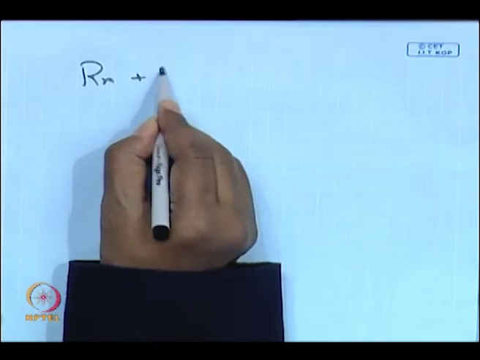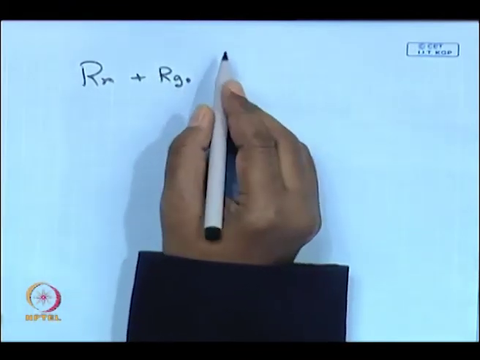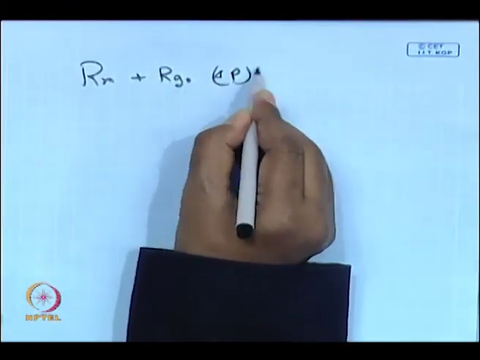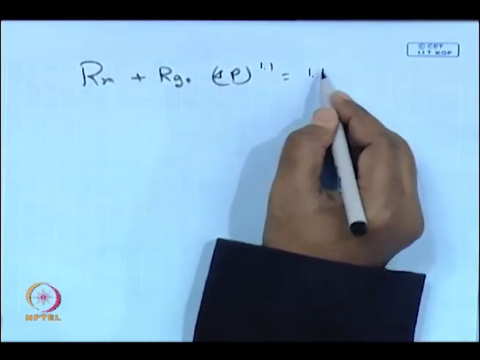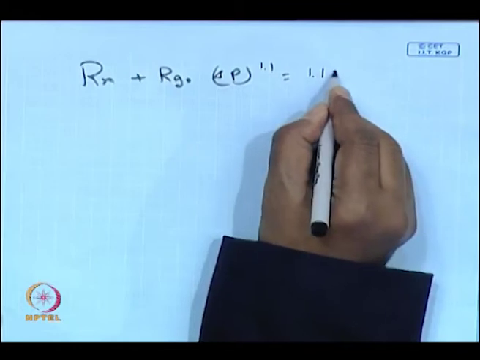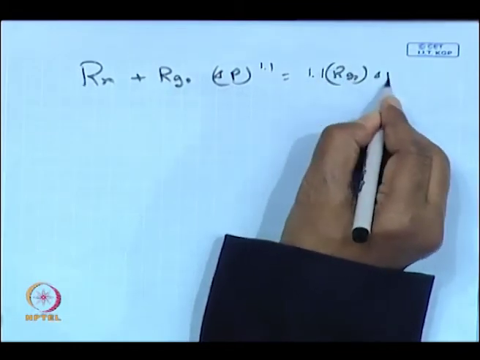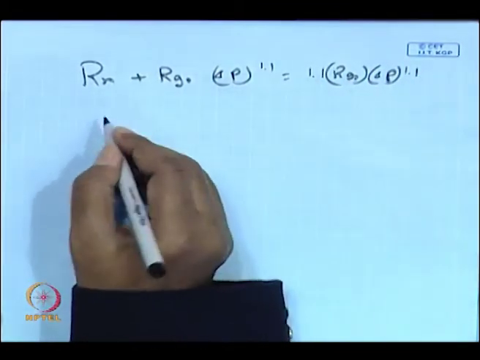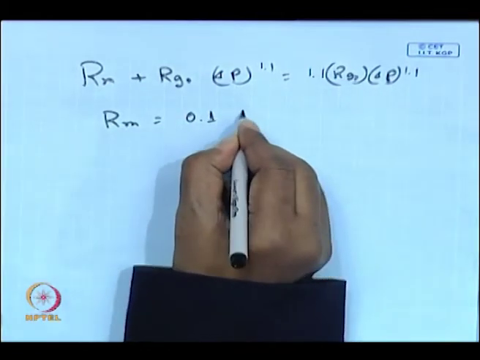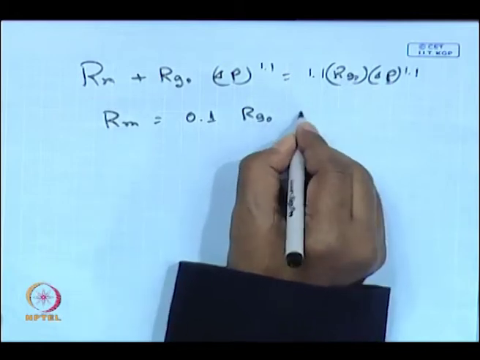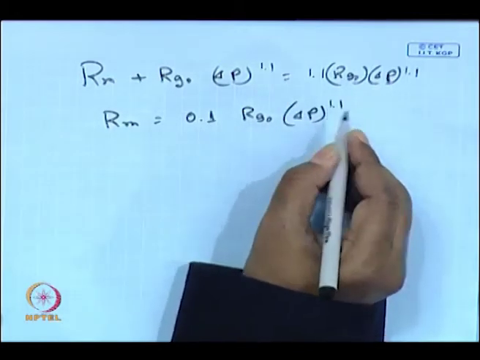After simplification, R_m plus R_g0 delta p raised to the power 1.1 will be equal to 1.1 R_g0 delta p raised to the power 1.1, and it turns out R_m is equal to 0.1 R_g0 delta p raised to the power 1.1.